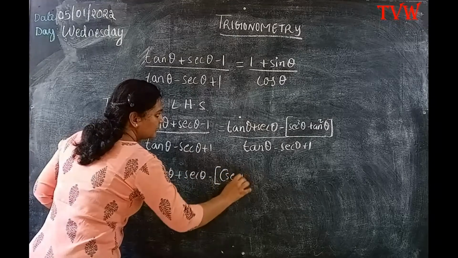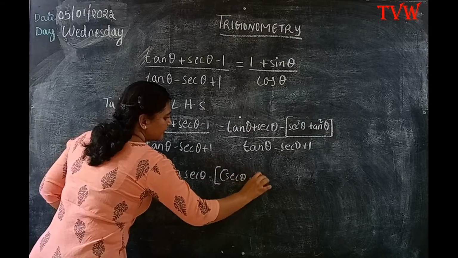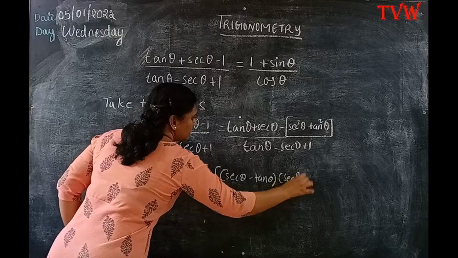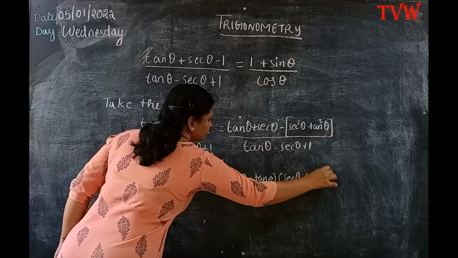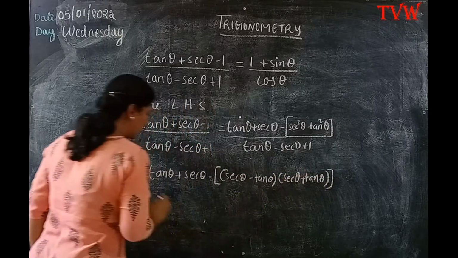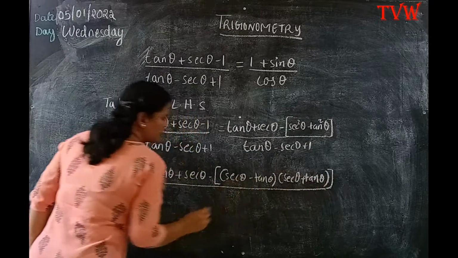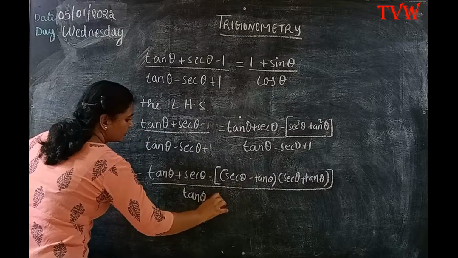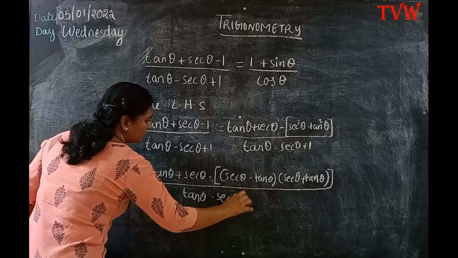So (secant theta minus tan theta) into (secant theta plus tan theta). Close the brackets and then the denominator remains the same: tan theta minus secant theta plus 1.